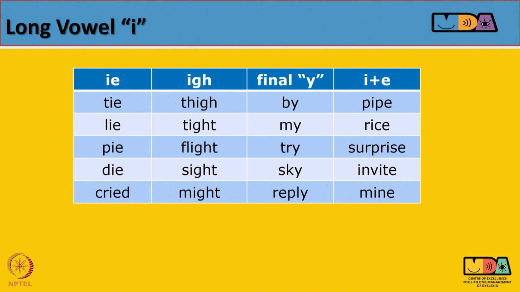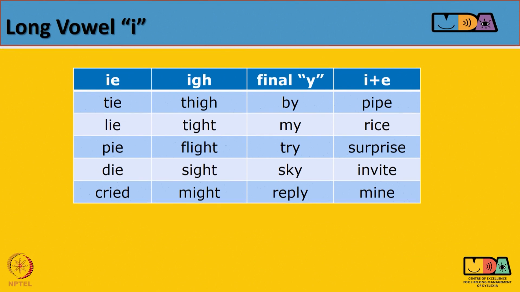IGH saying I. We have Y coming at the end of the word in words like buy, my, try, sky and reply. Here all end in the I sound coming at the end of the word, and our magic E rule: pipe, rice, surprise, invite and mine.